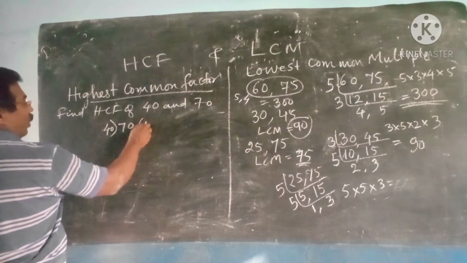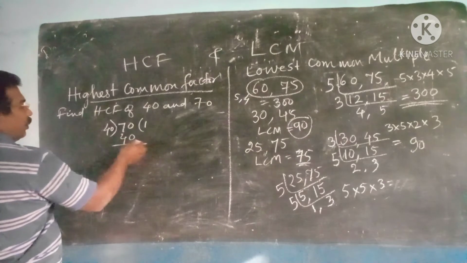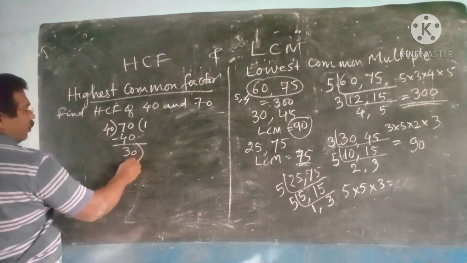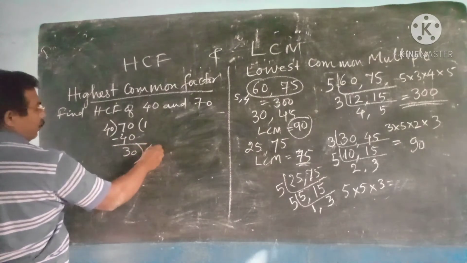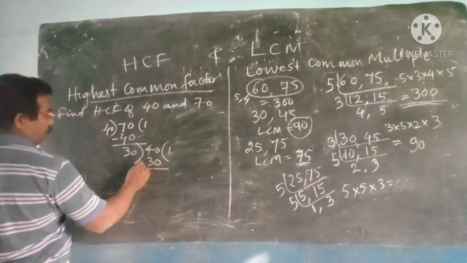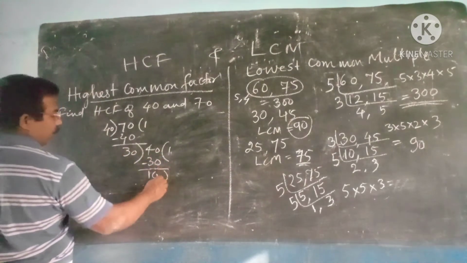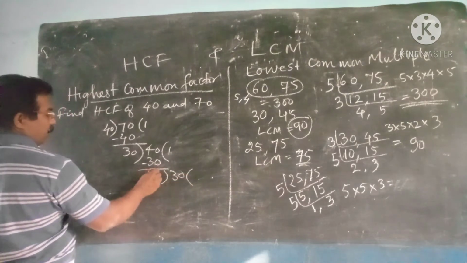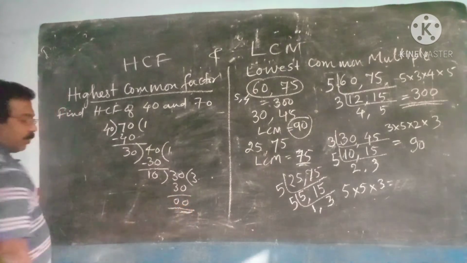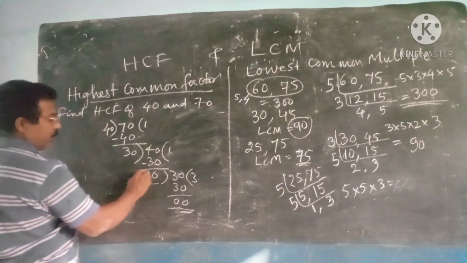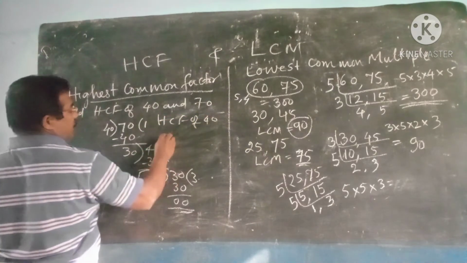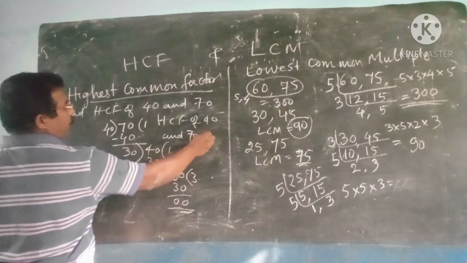We get 40, and subtract it from 70 to get 30. Now divide 40 by 30: 1 time 30. Again divide by 30: 3 times 30 is 90, remainder 0. When we get the remainder 0, that divisor is the HCF. The HCF of 40 and 70 is 10.